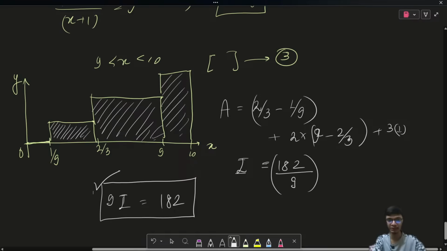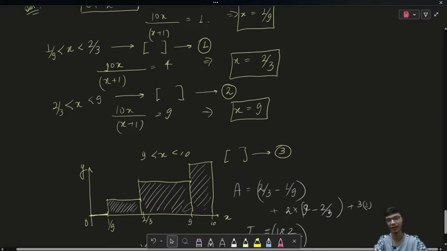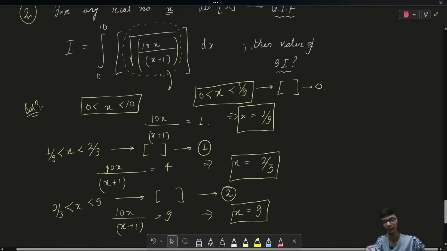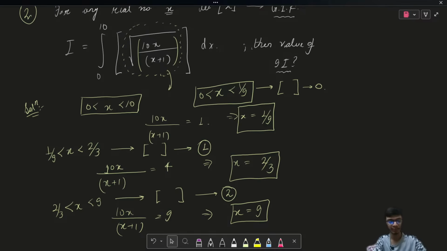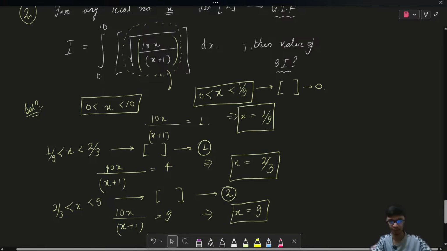Looking at the question, it might seem very difficult, but if you know how to solve questions of the greatest integer function, it's a very simple question that was asked in the paper. So please see how we have solved this question, and based on that, you can solve it on your own as well. Just follow the approach. What I'm trying to find is where my greatest integer function is equal to an integer value.